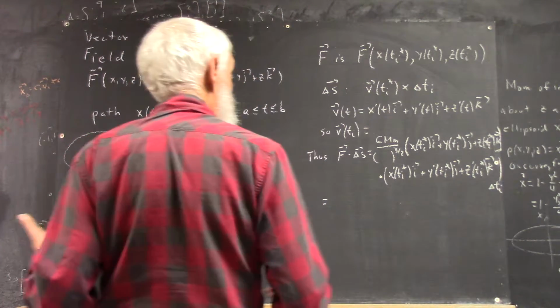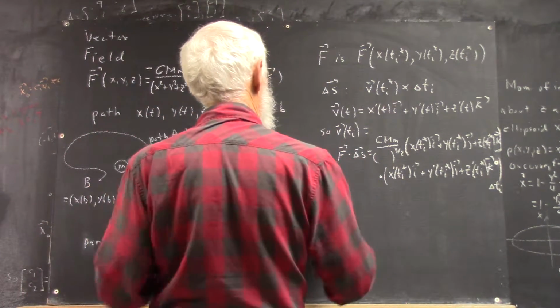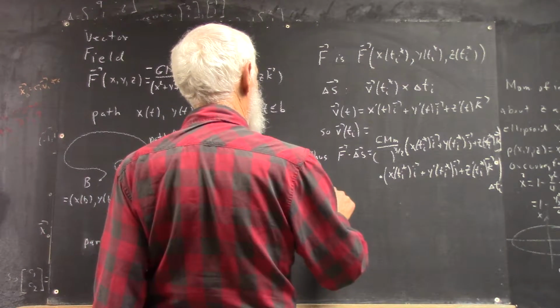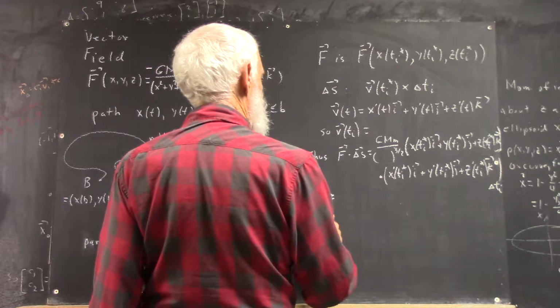And what's the dot product? Well, we can write this out. It's not going to be as long as some of the other expressions. I think I have room. Okay?